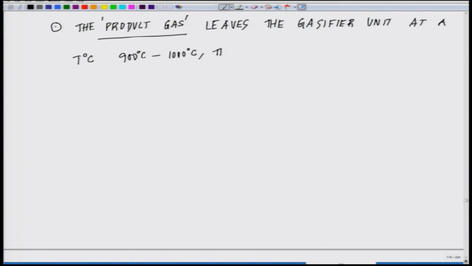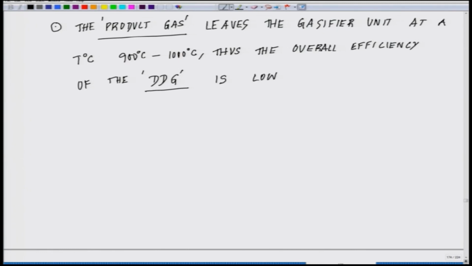Thus, as I mentioned in the previous class, the overall efficiency of the system is low. DDG stands for downdrift gasifier. The overall efficiency of the DDG is low as compared to updrift.